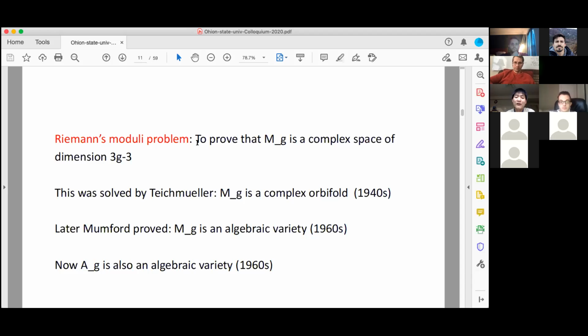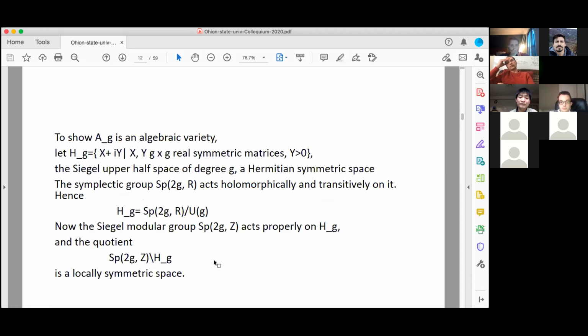Later on, Mumford showed M_g is an algebraic variety, proved in the 60s. Also around the 60s, A_g was shown to be an algebraic variety.